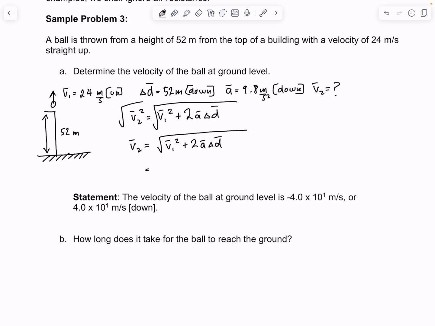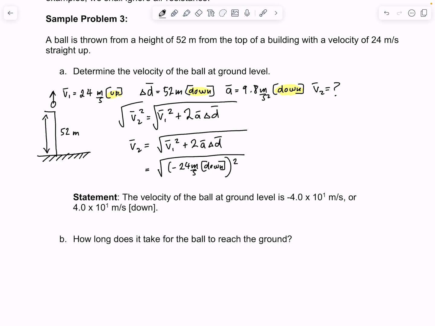We're going to sub and solve, and I want to make sure that our directions when we sub and solve are the same. We have both up and down. I'm going to choose down to be the direction for everything. So I'm going to write V1 as negative 24 meters per second down. I've changed it from positive 24 up to negative 24 down.